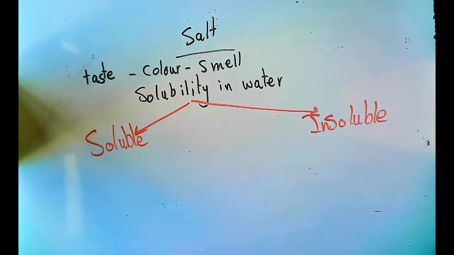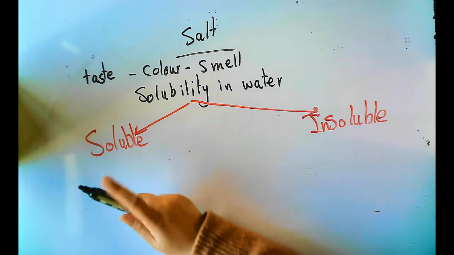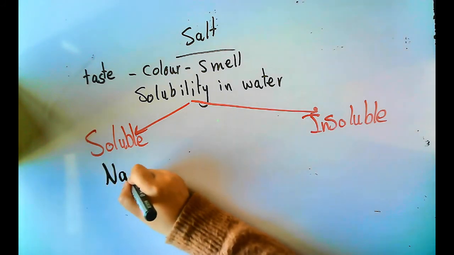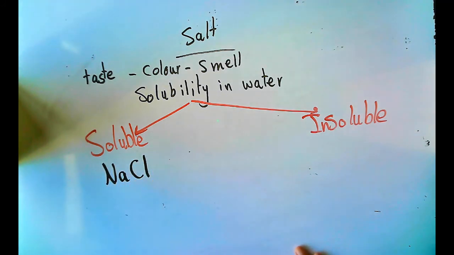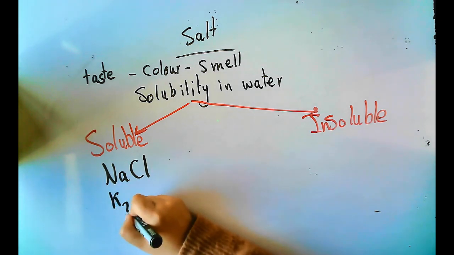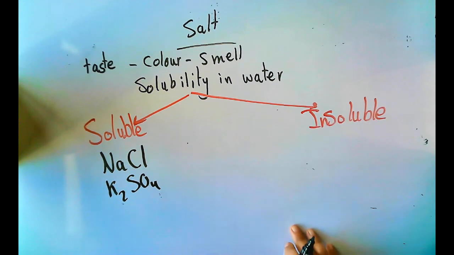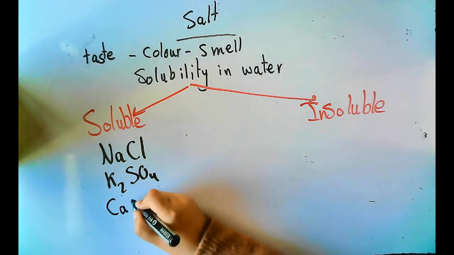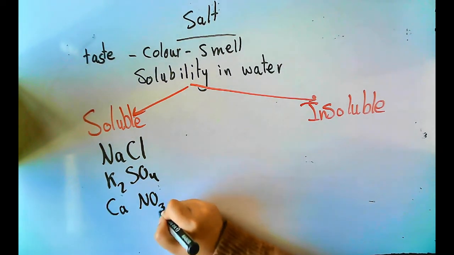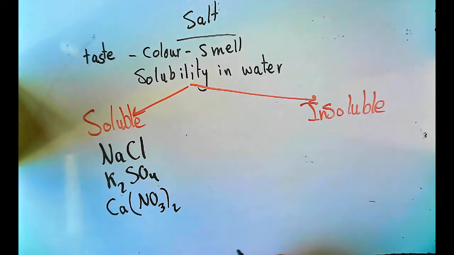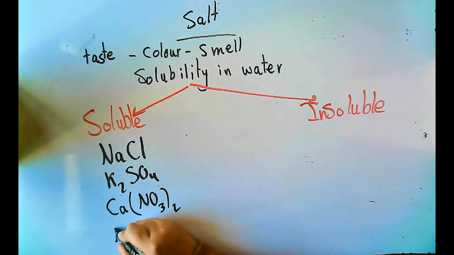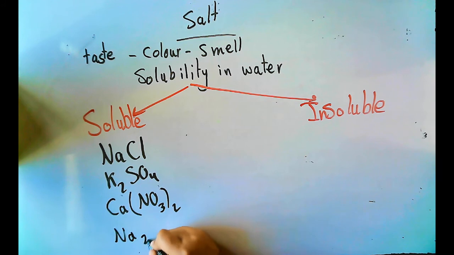For example, salts which dissolve in water, of course, sodium chloride, the table salt, the salt that we use in our food, it is dissolved in water, soluble in water. And potassium sulfate, calcium nitrate, also sodium sulfide.